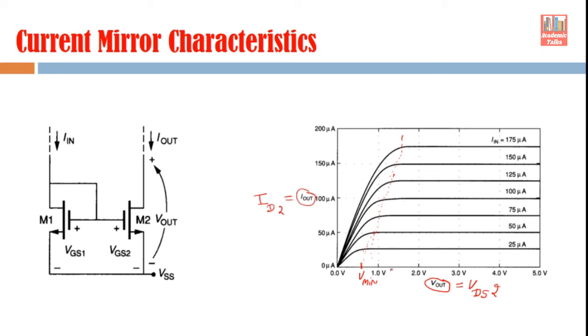There is a minimum voltage below which the current varies with the output voltage, and that is something we don't want in any kind of current source. So we can get that V minimum from here, and the output resistance we can see from the slope of these curves. What we need is that the output current should not vary when VDS2 is changing. That kind of thing we have to ensure.